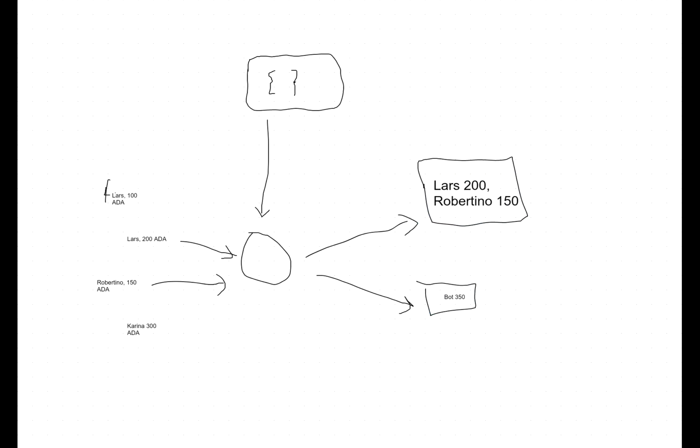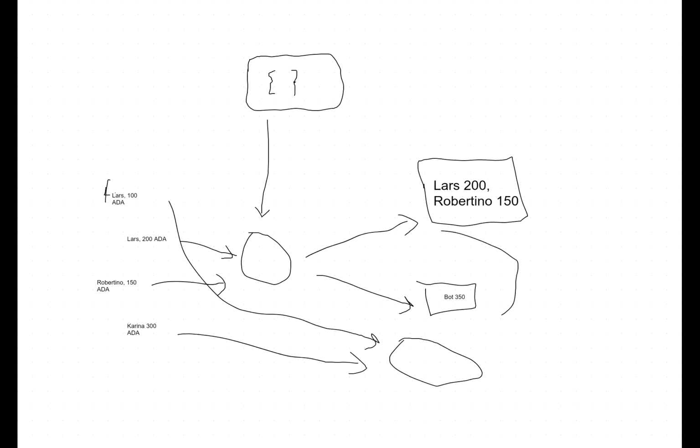And now there could be a different transaction, just to demonstrate this, that takes, for example, this input and that input and this one. And again would have two outputs, and would update this map here.